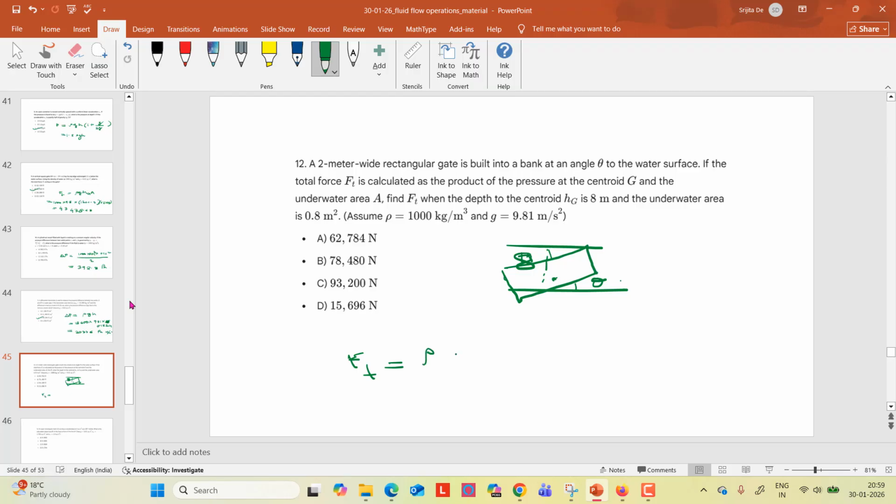It's simple, rho g hG into A. The area is 0.8. So it is coming out to be 62.784 Newton.